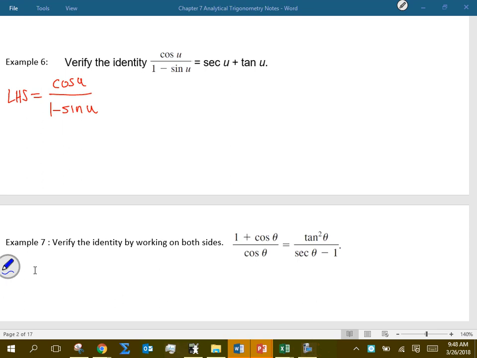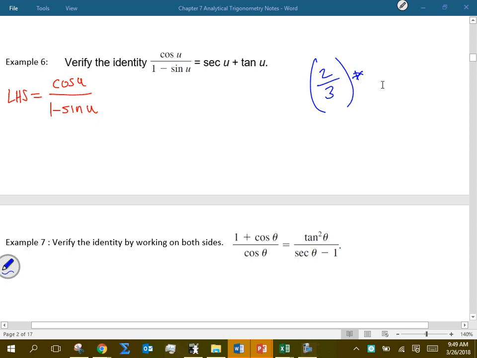Now realize what we're doing here. I just grabbed the left-hand side of the equation, so I'm not trying to balance an equation right now. I'm looking at an expression. If I had 2/3 in an expression, can I multiply 2/3 by anything that I want and still get 2/3?